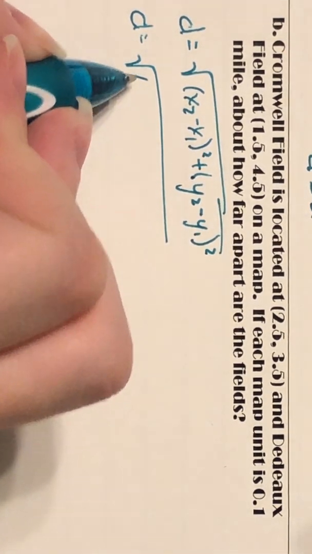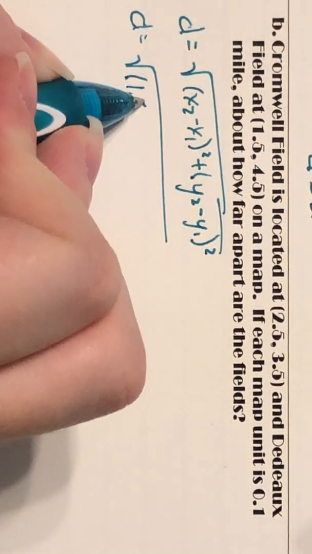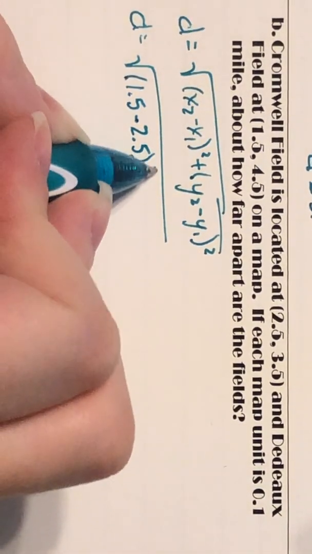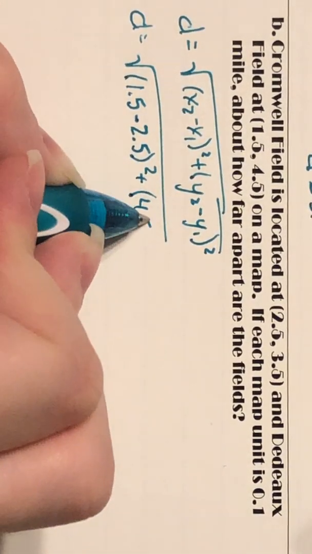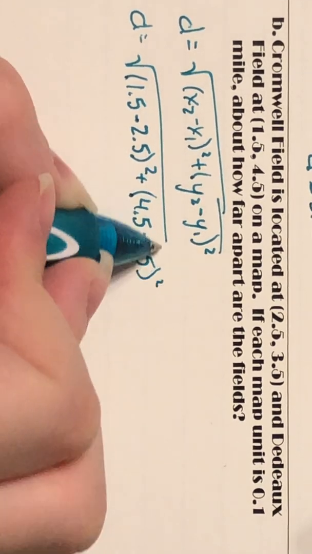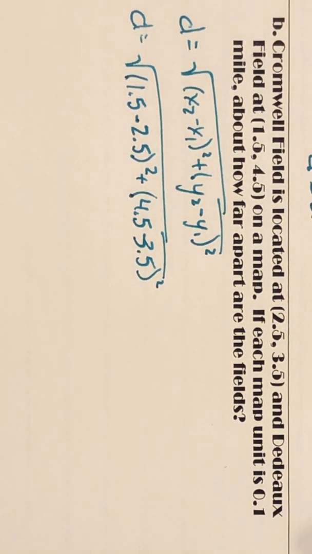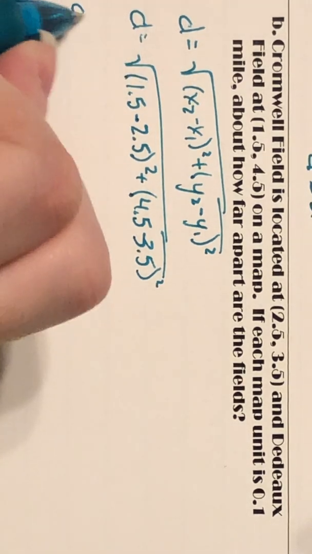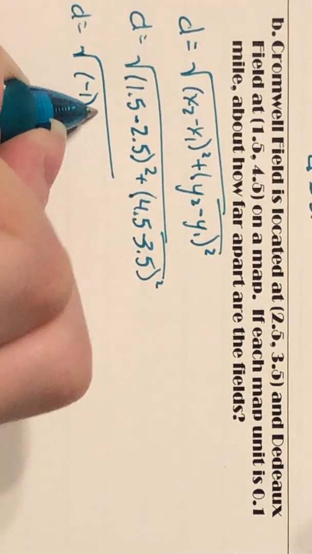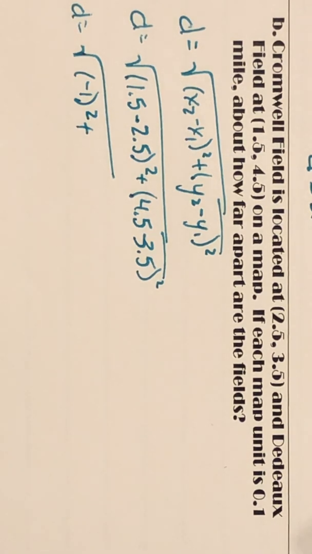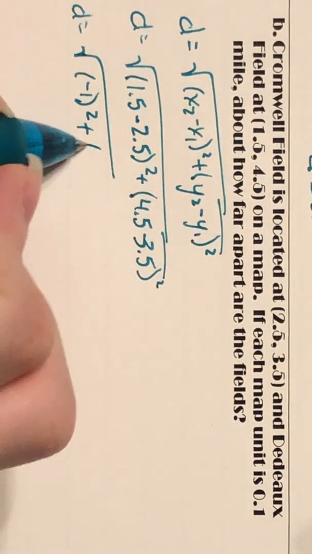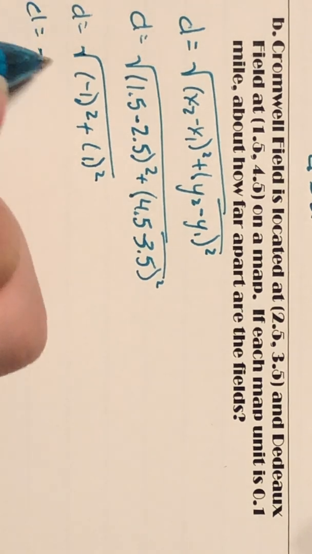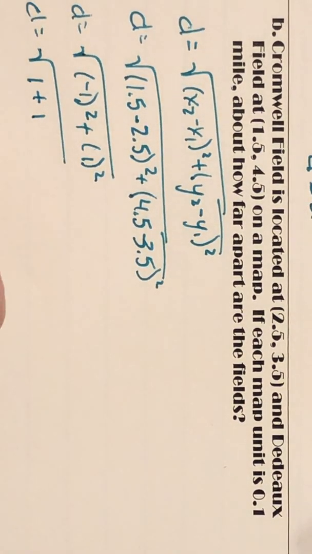So I have 1.5 minus 2.5 squared plus 4.5 minus 3.5 squared. So d equals negative 1 squared plus 1 squared. 1 plus 1, d is the square root of 2, which is approximately 1.4.